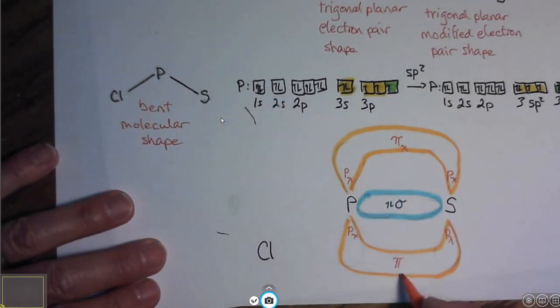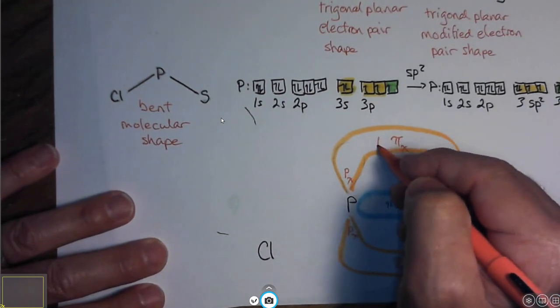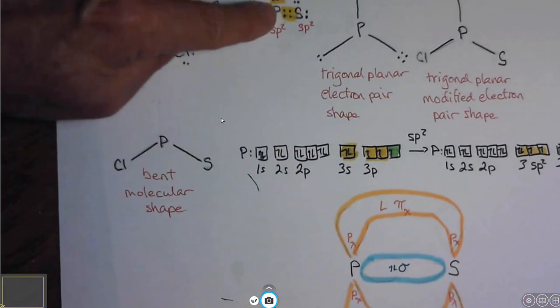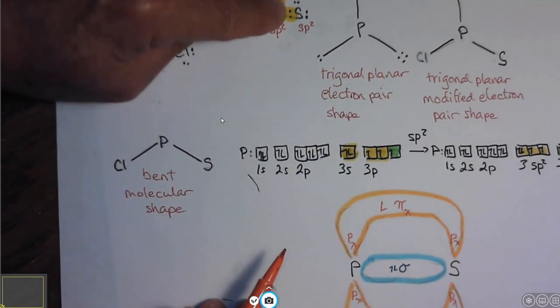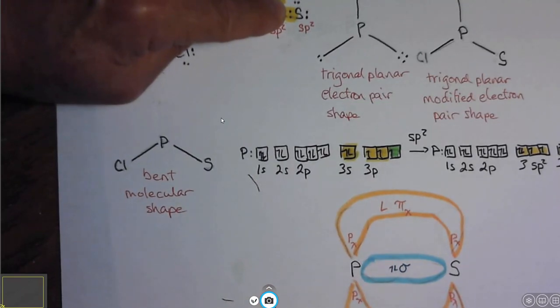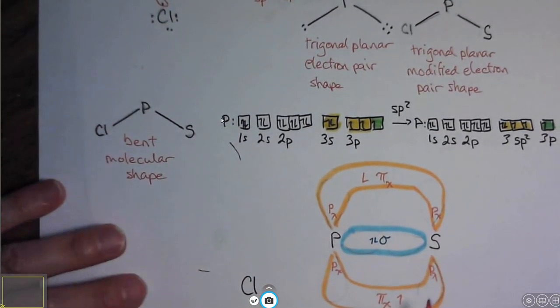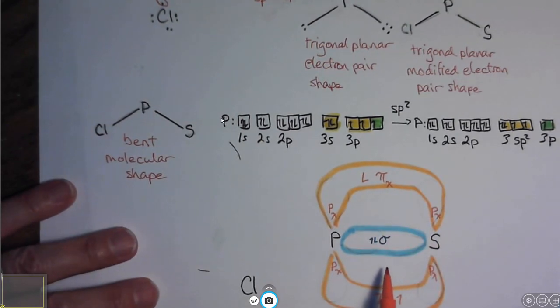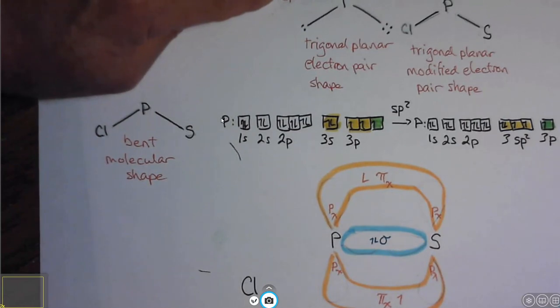So this would be pi X, and we got two electrons in it. Okay, so there's a sigma bond in the double bond that has two electrons, and one bond that's the pi bond that has two electrons in it. Okay, that's the double bond right there. Then the sulfur has two lone pairs on it.